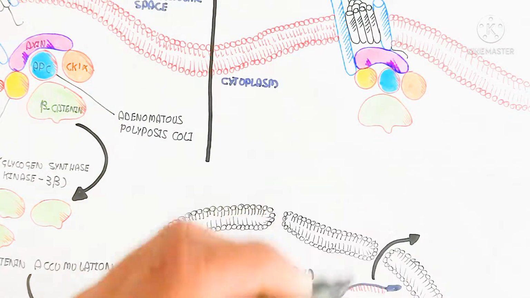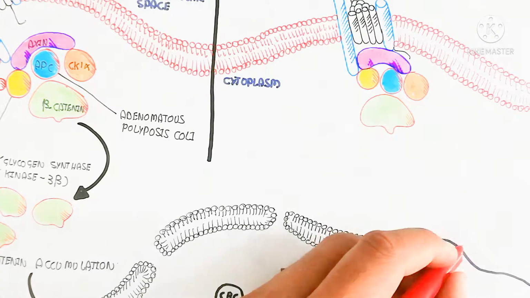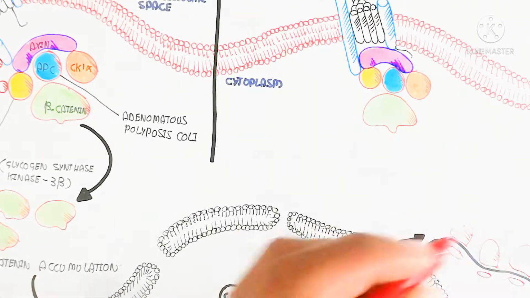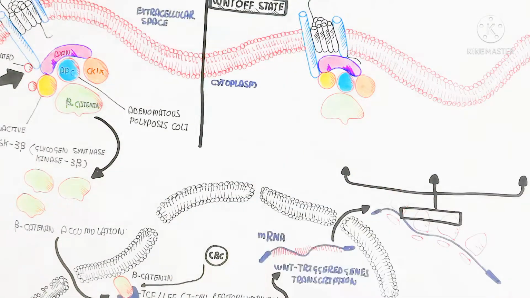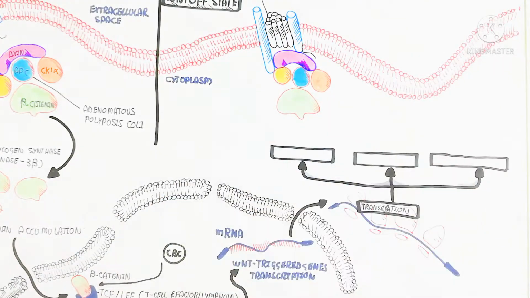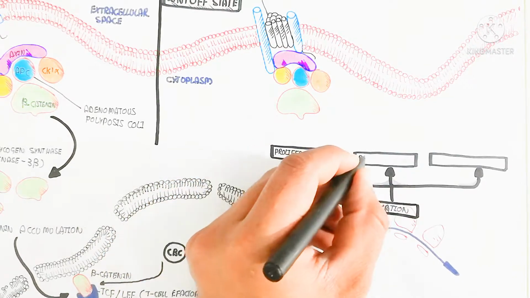After going outside, translation will occur. After polysome formation, the ribosome's smaller subunit and larger subunit will bind, and transfer RNA will translate the messenger RNA to produce protein, and this protein can drive proliferation, differentiation, and stem cell renewal.